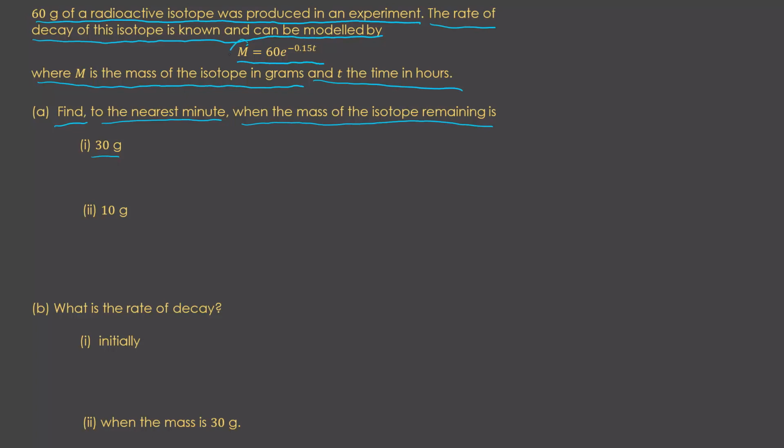Well, all we need to do is substitute m is 30 just here. So we have 30 is equal to 60 e to the negative 0.15 t, which you could simplify to e to the negative 0.15 t is equal to 0.5.